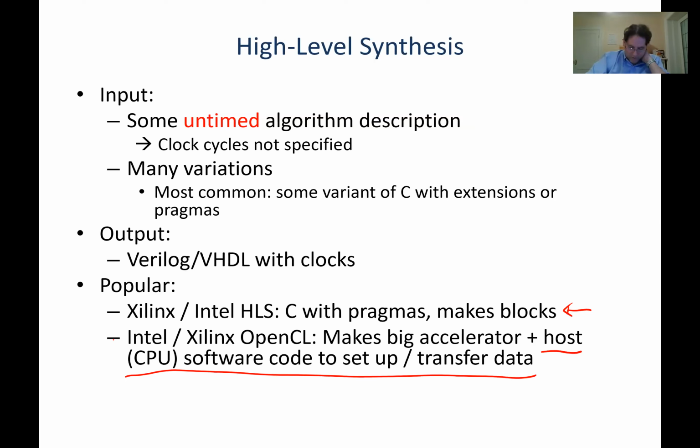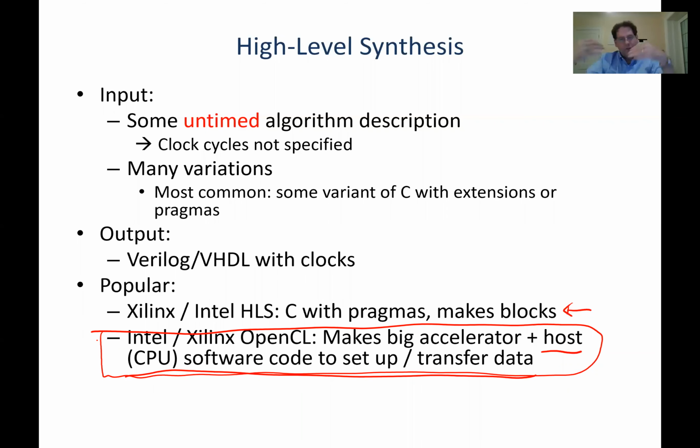So what these tools do is they don't just help you make the accelerator by taking you above the HDL level. They also allow you to write in a standard way communication between the CPU and the accelerator. And they'll compile that down to the appropriate memory mapped instructions and PCIe transfers and everything. So they save you a lot of work there.